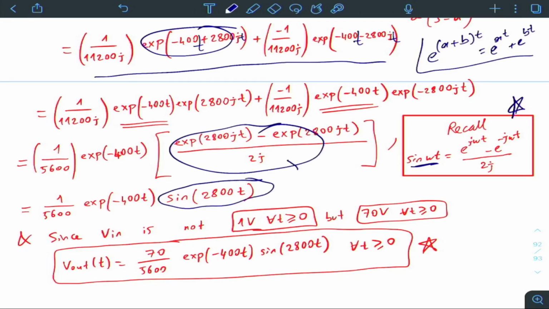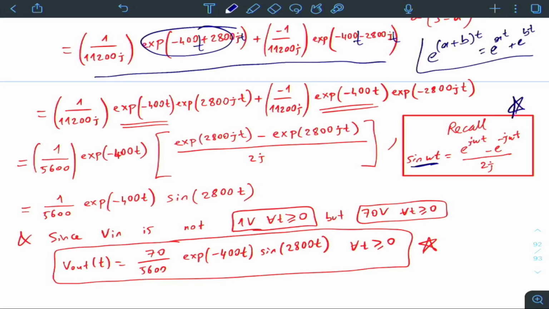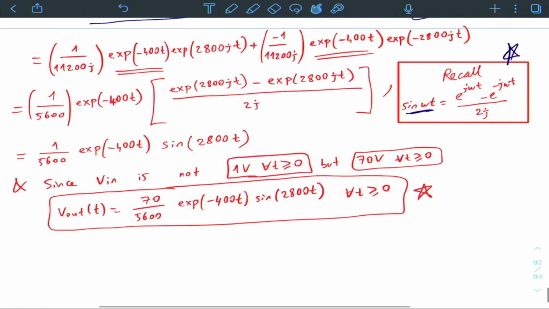We just substitute this term using this identity. This is a specialized form of the Euler identity. Here we get this term, and this is the last step.